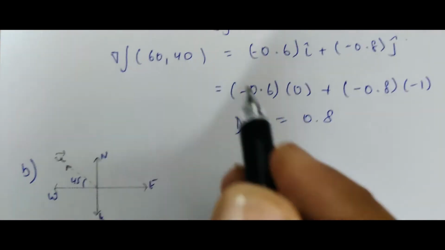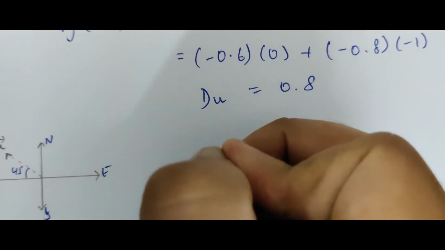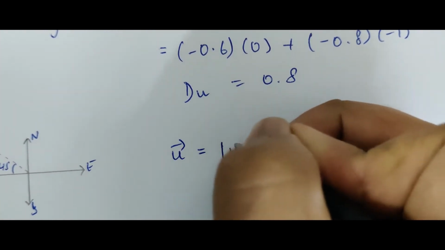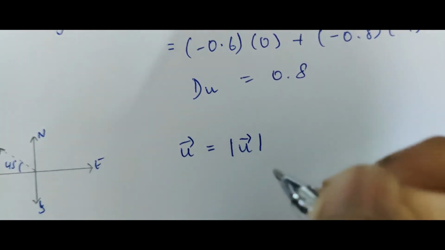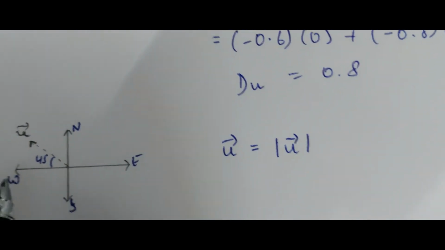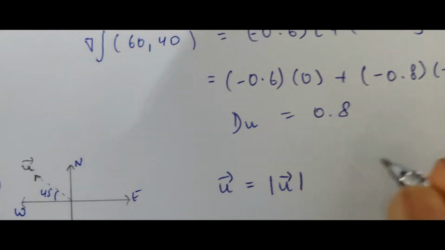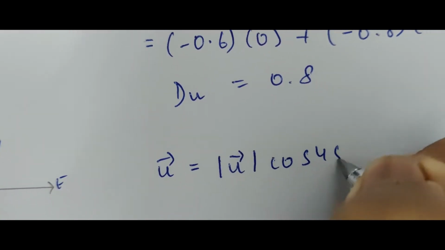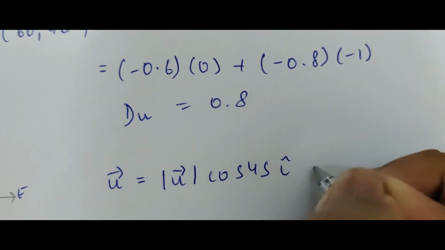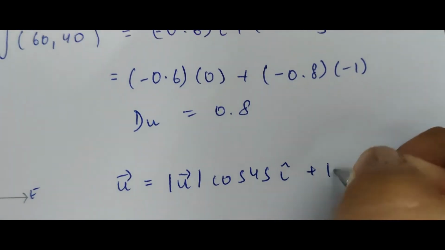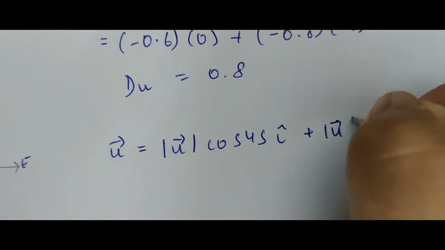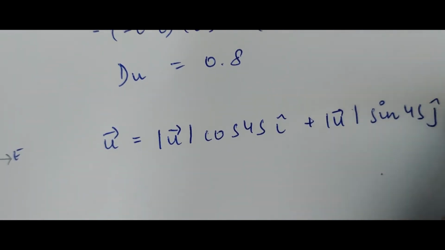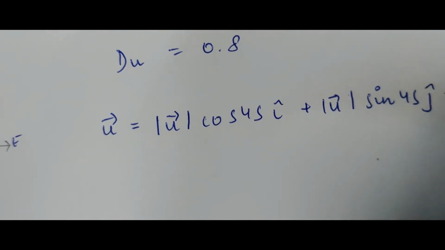This vector can be written as the magnitude of the vector u times cos 45 i cap plus the magnitude times sin 45 j cap.